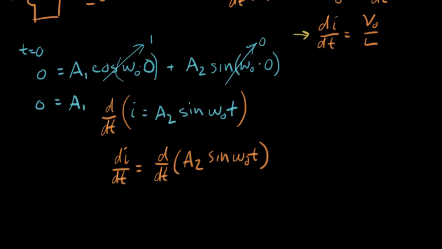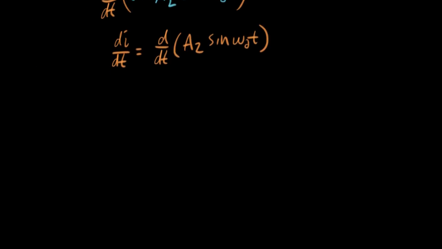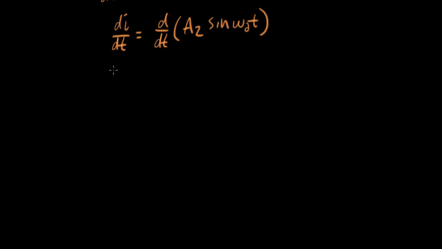Let's roll it down again. So let's take that derivative. We get di dt equals A2 comes out of the derivative. And the derivative of sine omega naught t with respect to t is omega naught times cosine omega naught t.